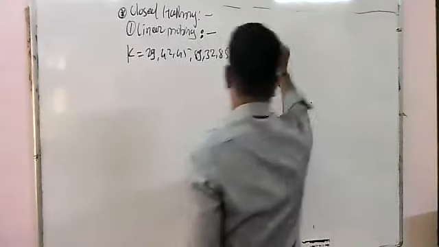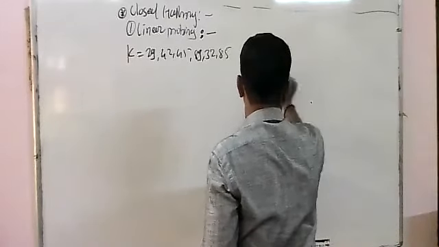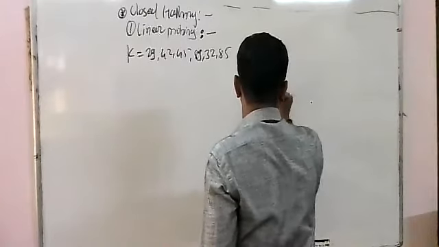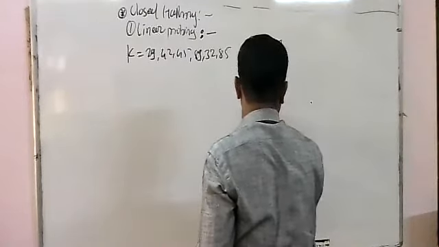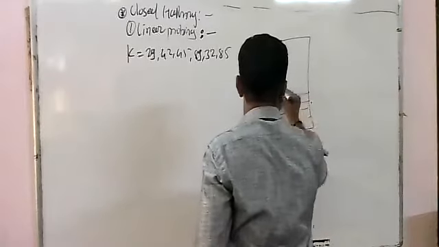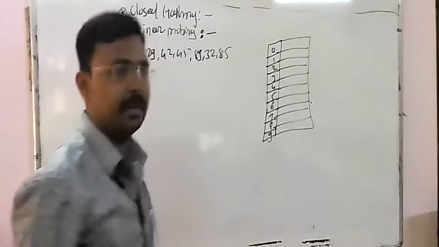And your hash table is 0 to 9: 0, 1, 2, 3, 4, 5, 6, 7, 8, 9. This is the hash table.